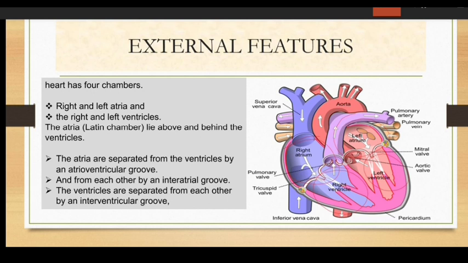The atria are separated by the interatrial septum, and the ventricles are separated by the interventricular septum. The left atrium and right atrium are separated by this septum, right? And this portion is the interventricular septum, which separates the right ventricle from the left ventricle, right?